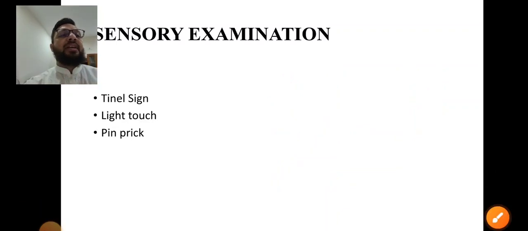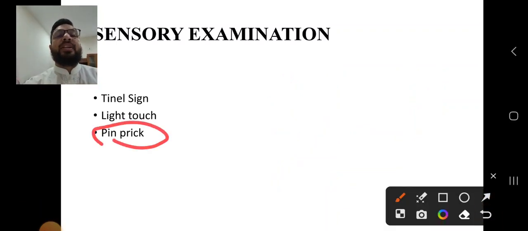And then after that, obviously you have to perform the pin prick examination. You will be given a small pin that will obviously be blunt. You will ask the patient, can you please open your eyes, because you have already performed the light touch examination and the patient's eyes will be closed. When the patient opens his eyes, you will say, okay, now I have this small pin in my hand, and don't worry, it's not hurting and it's not painful, and I'm just touching it on your sternum or your forehead.